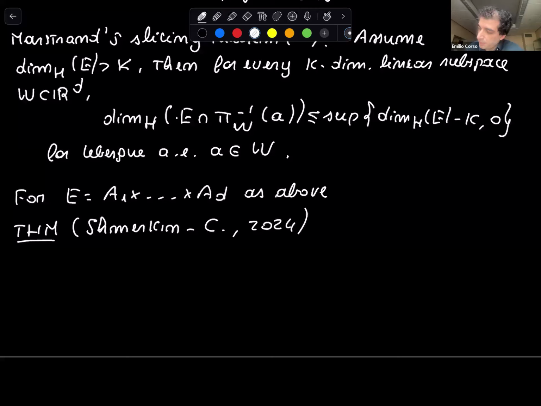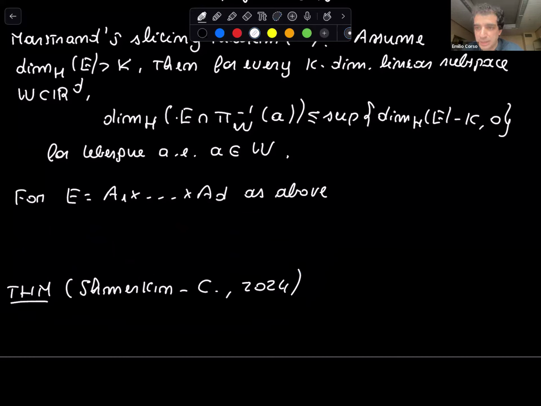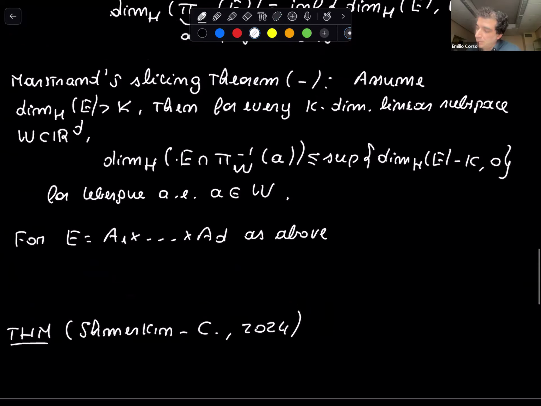Problem 24. Well, actually, before stating the theorem, let me directly mention first a clear obstruction to this inequality here.